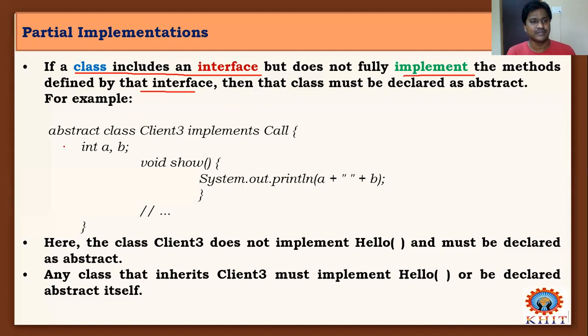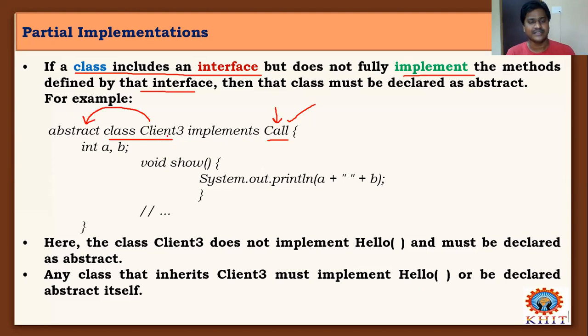So for example, here is a class called client3 going to implement the interface called call, which we defined in the last two programs. Client3 is one of the classes going to implement this interface call, but does not want to implement the hello method defined by this interface. Then this class can be declared as an abstract class.